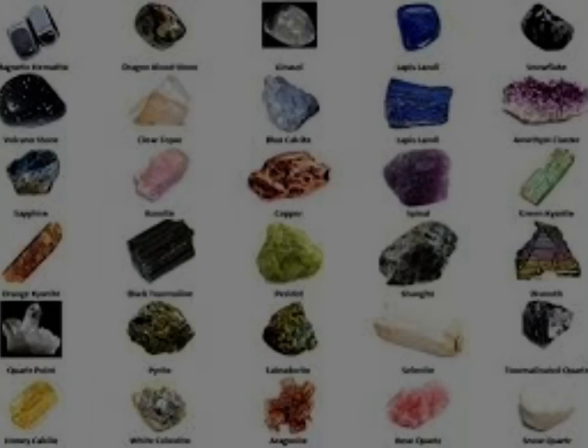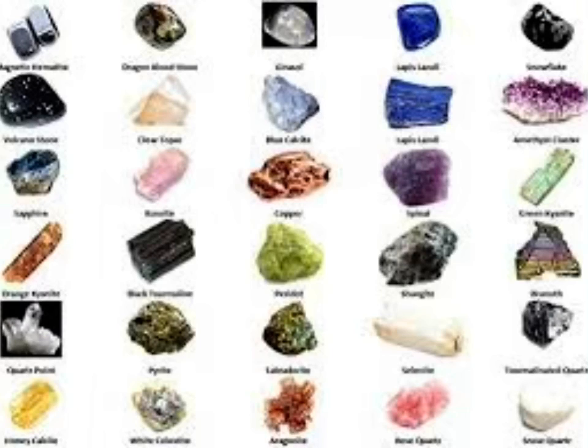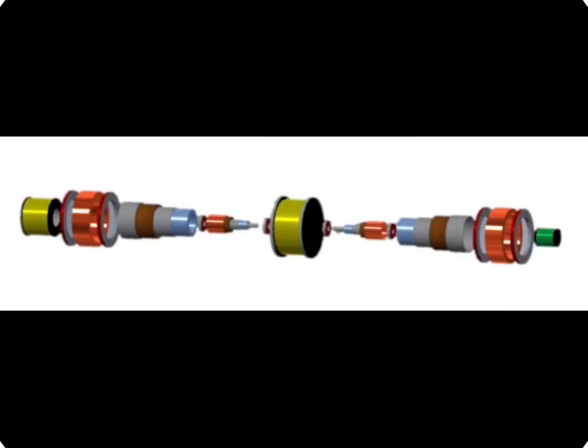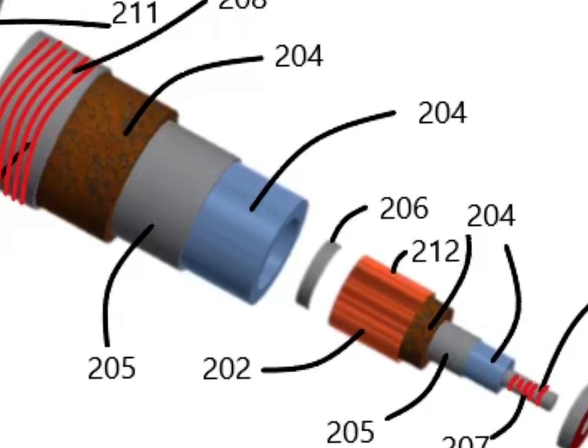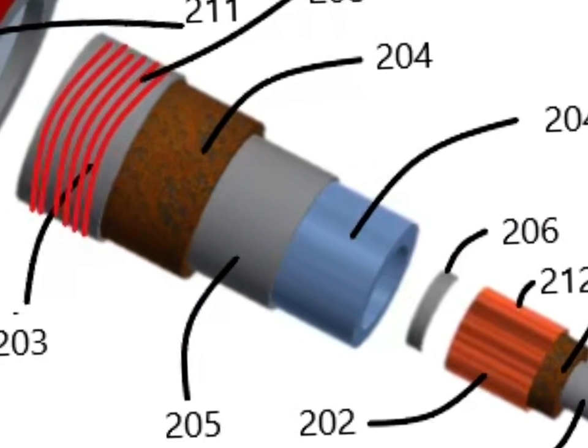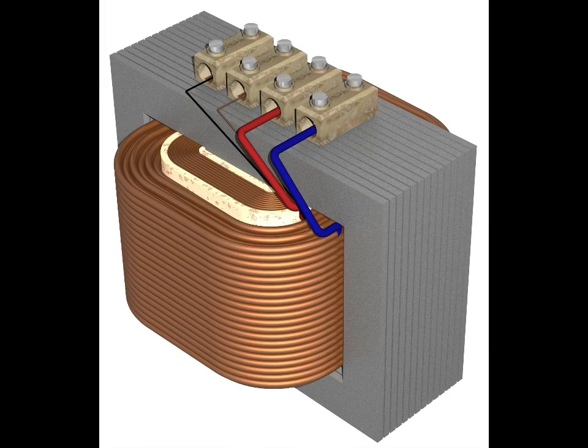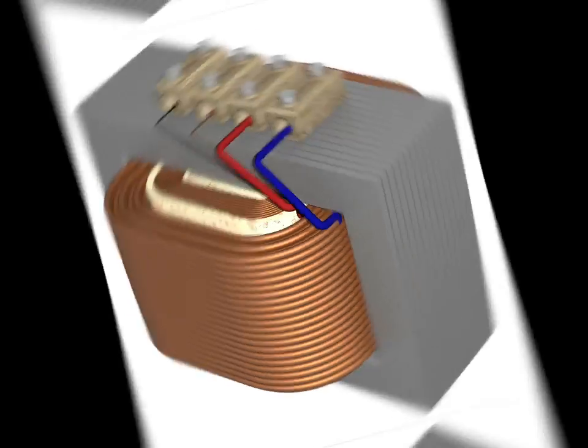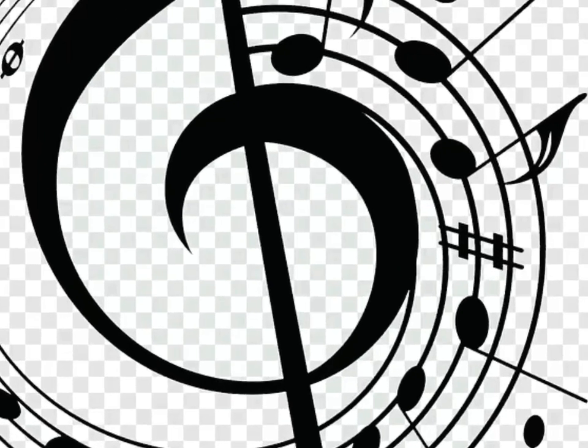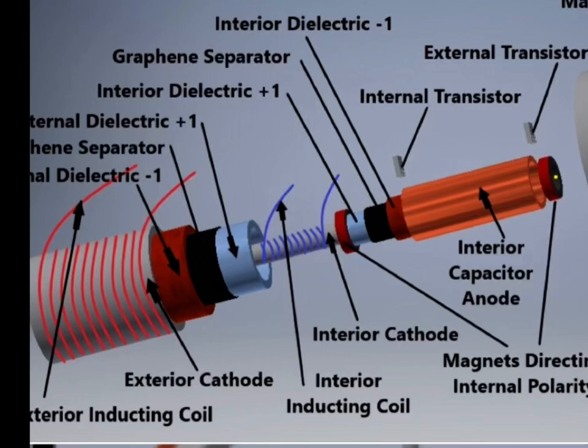And using pyroelectric materials, we can transfer the electric charge quite quickly and easily. And that's one of the major effects that would happen with the transforming of the inducting coils, is the recycling of the heat that would be created, as well as the start of original signals within the device.